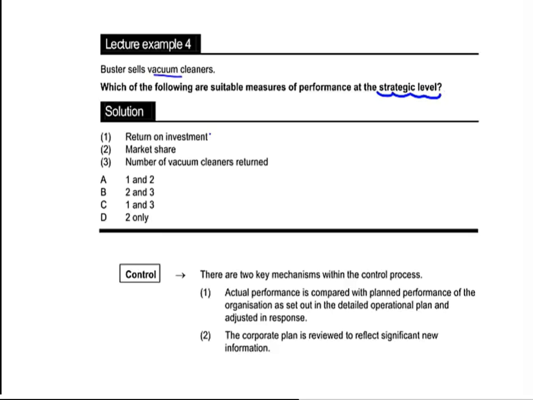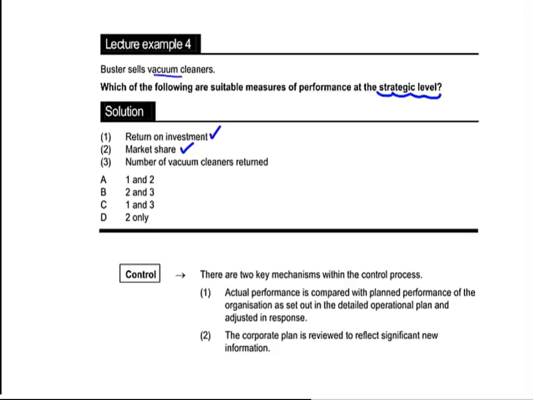So return on investment is going to be important because we're going to be looking at the return generated on the money invested. The board are going to be very concerned about making sure that their shareholders are satisfied. They'll also be concerned with market share. So if they're achieving growth in market share, then that's going to hopefully translate to higher profits through the higher sales being made.